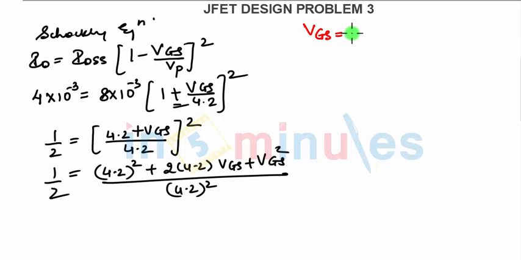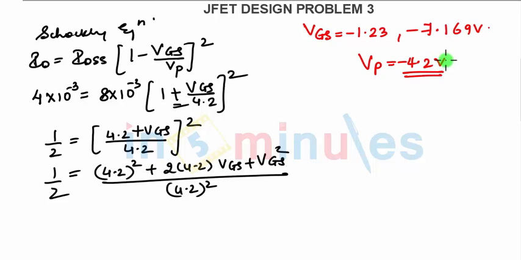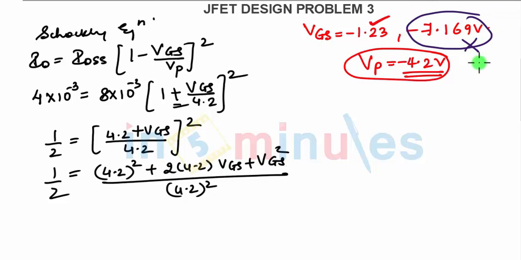One will be minus 1.23 and the other will be minus 7.169. Now what is the value of VP? VP is given as minus 4.2 volts. So the value which is less than minus 4.2 is discarded, since it is not valid. So our value of VGS is minus 1.23 volts.